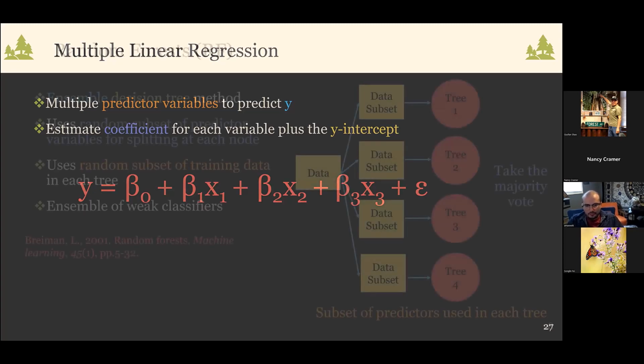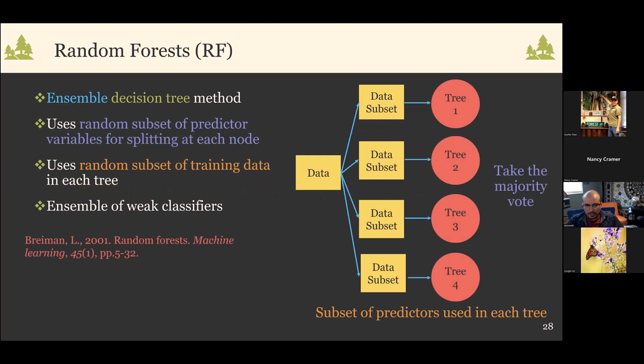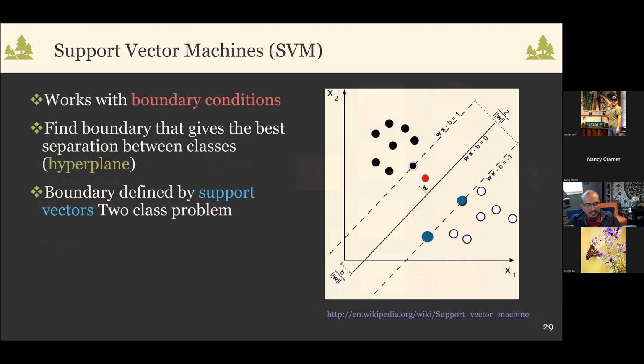We also fit random forest, but not in classification mode as in the prior study; now we're using it in a regression context, so I shouldn't really need to go over that again. And then lastly, we looked at support vector machines, which is a boundary optimization type algorithm that attempts to find the optimal hyperplane, or separating boundary, between data points, and that boundary is defined by the closest points to it, which are called the support vectors.